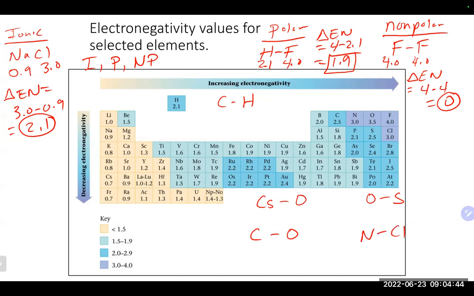All right, so for each of those, figure out based on electronegativity values, are they going to be ionic, polar, or nonpolar?